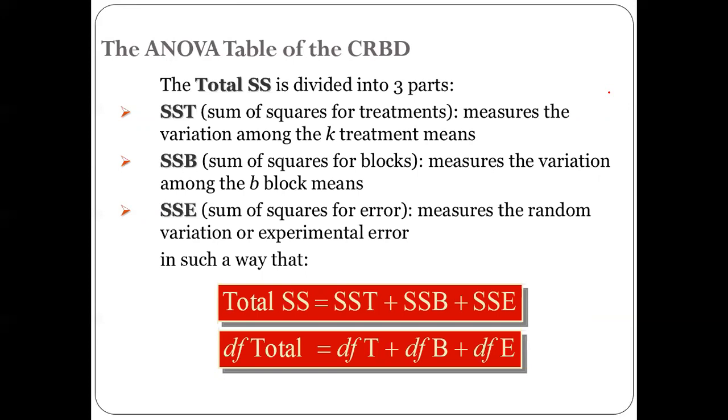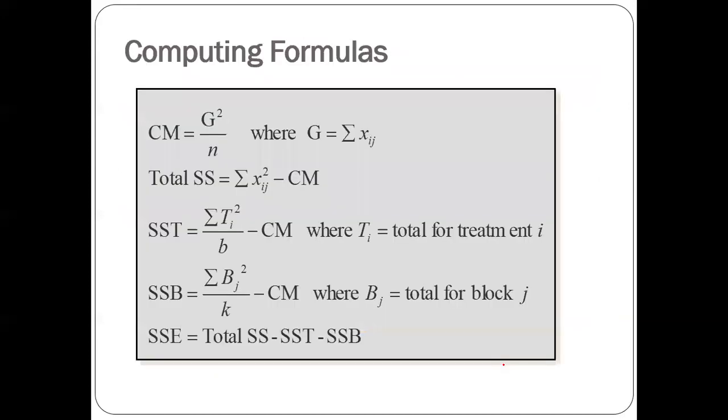So the total sum of square is equal to SST plus SSB plus SSE, and the total degree of freedom is the degree of freedom for treatment plus block plus error. So this is the formula.